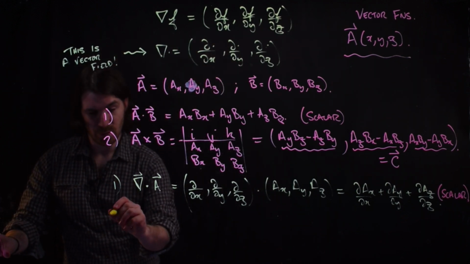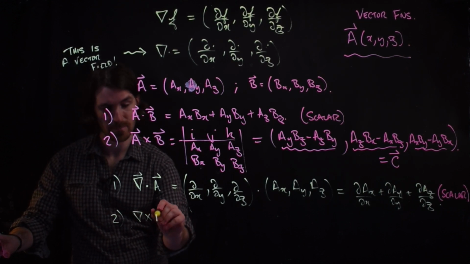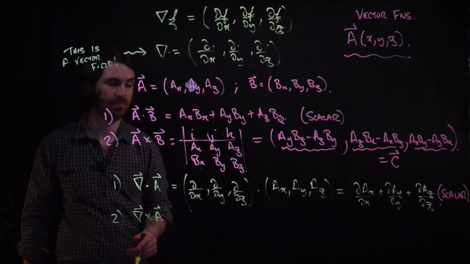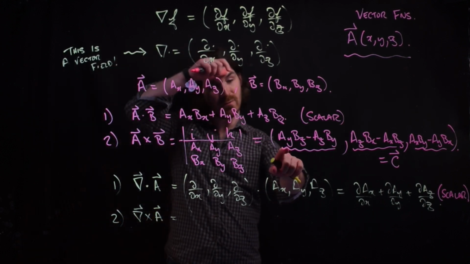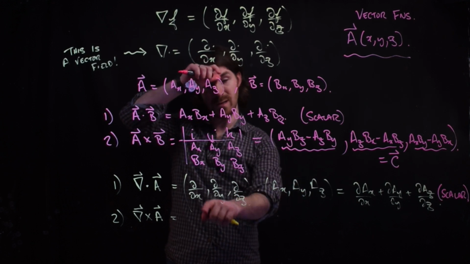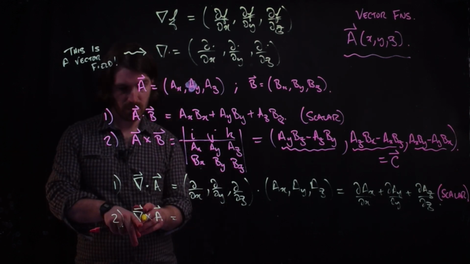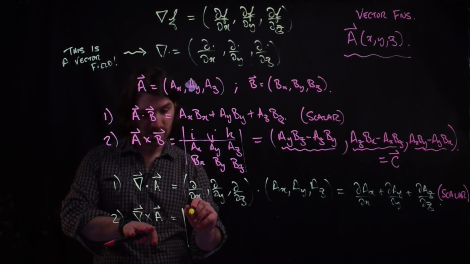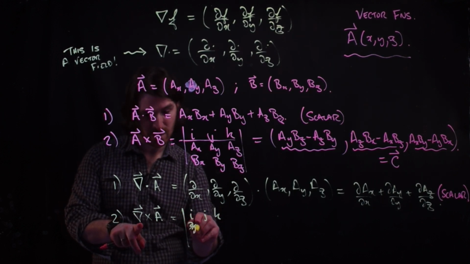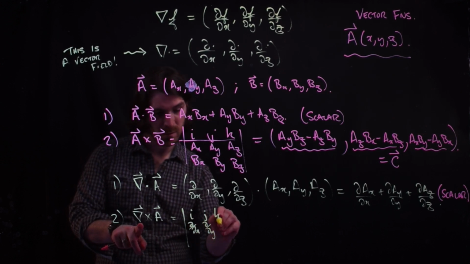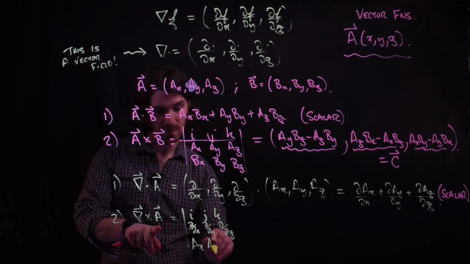And analogous to the second one, we can take what's called the curl of the vector A. It's the cross product of nabla with A. In this case, instead of ay, we've got d by dy, so it's the y component of nabla. So the curl of A will be given by ijk, and now nabla is d by dx, d by dy, d by dz, and we've got ax, ay, az.